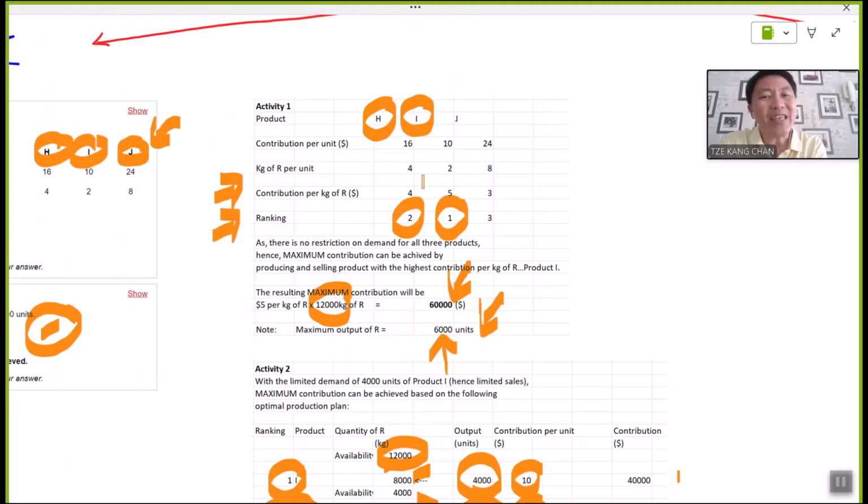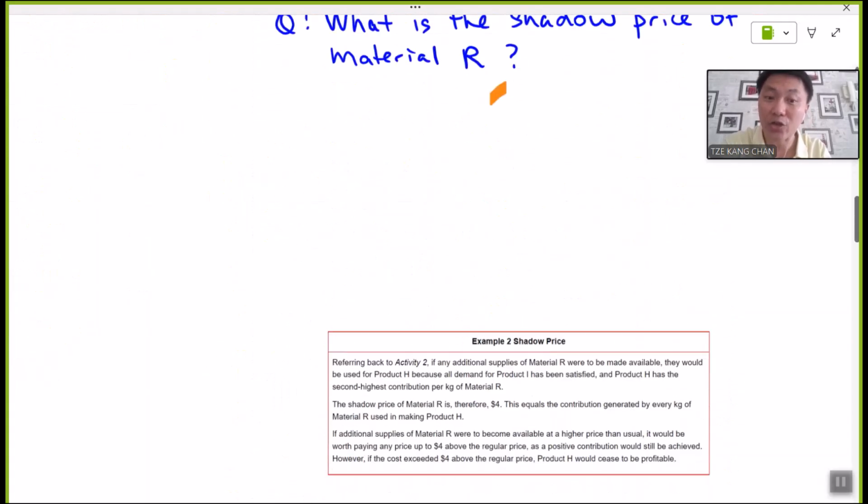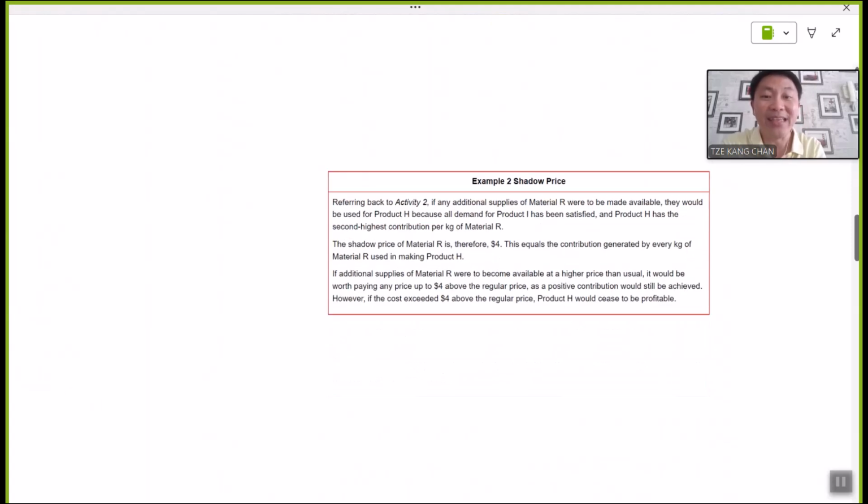This would therefore give rise to additional contributions per kilo of R of $4.